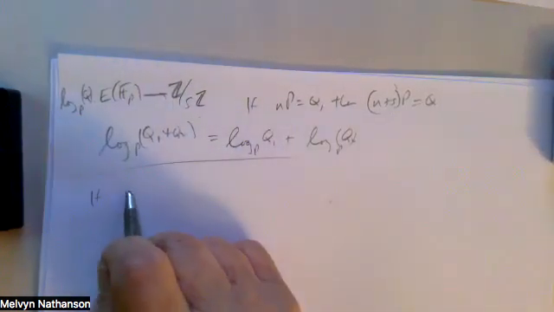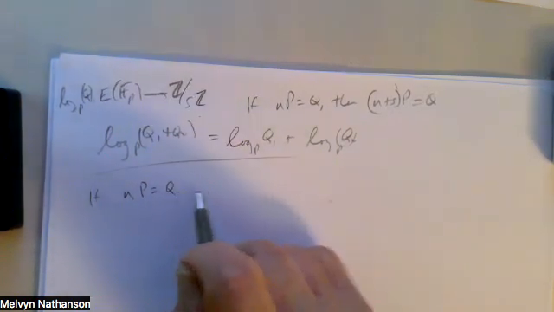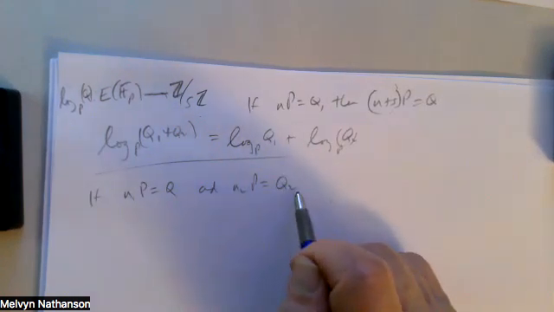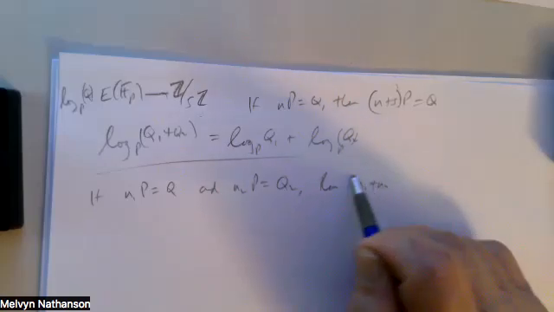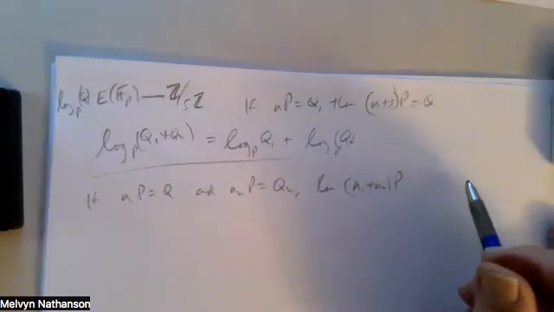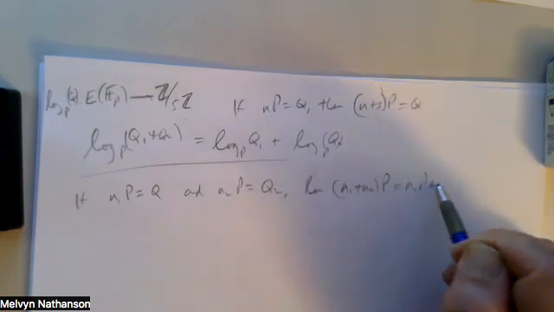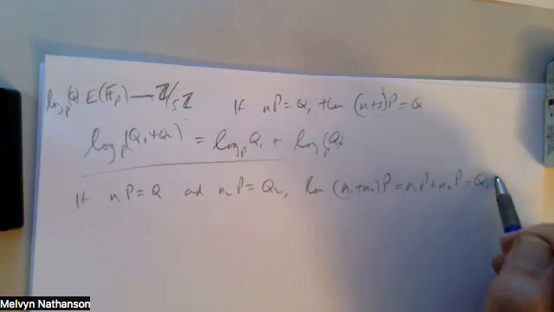If N1 P equals Q1 and N2 P equals Q2, then (N1 plus N2)P, you add P to itself N1 plus N2 times. That's N1 P plus N2 P. That's Q1 plus Q2.